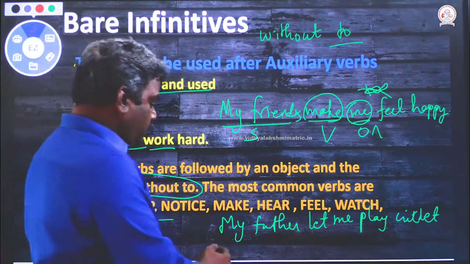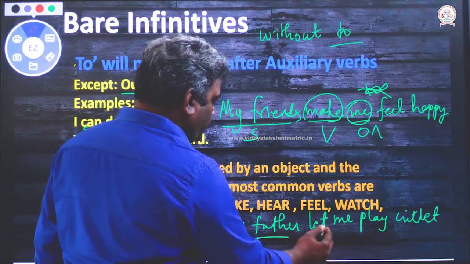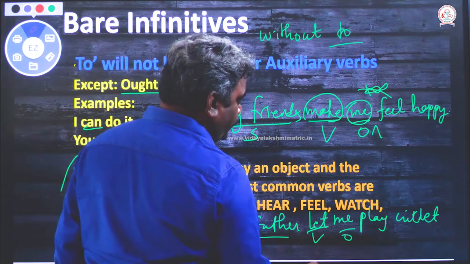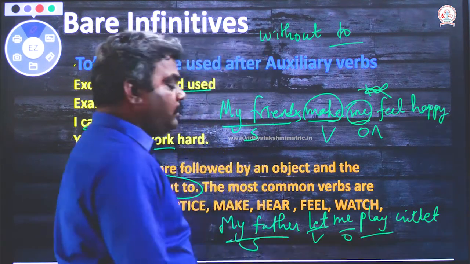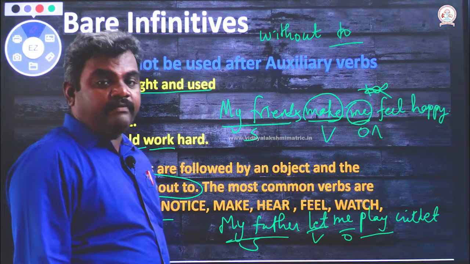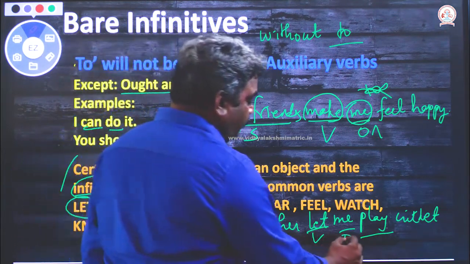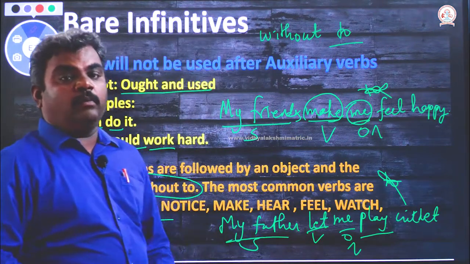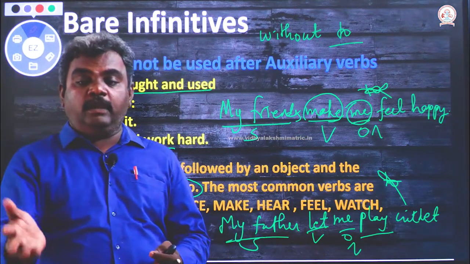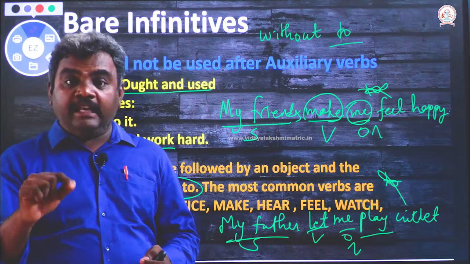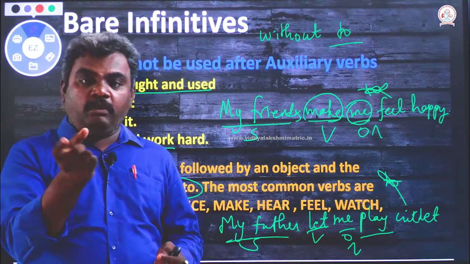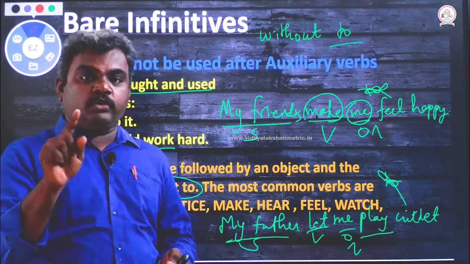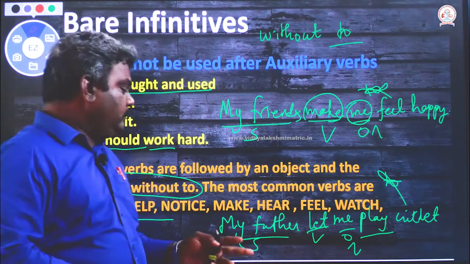Look at this. My father, subject, let, verb, me, object. Once again, it's a verb. Here you should not write to. Most probably your teachers would tell you, let me check your notebook. Let me check. Before check, we should not write the word to.